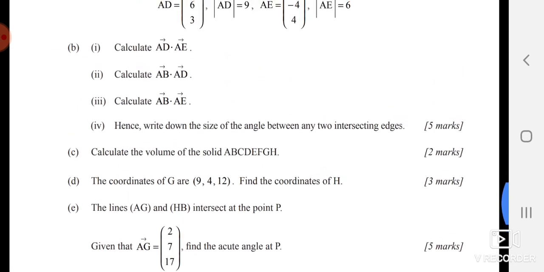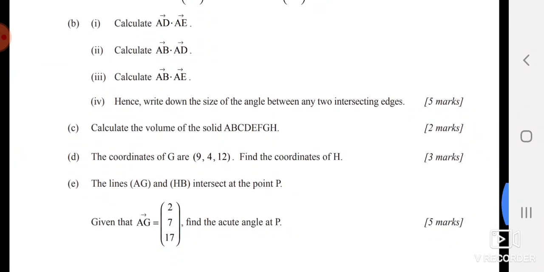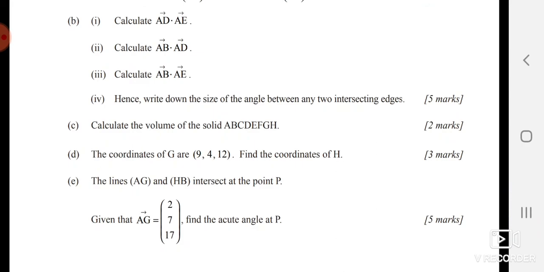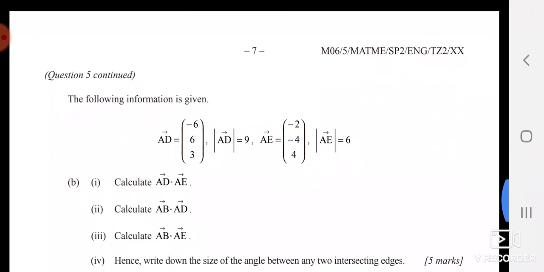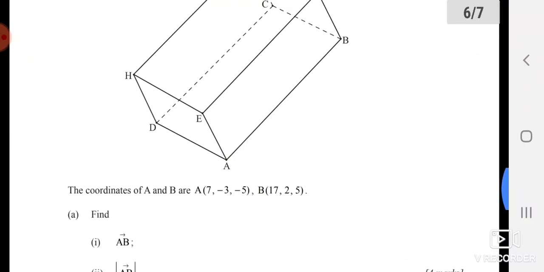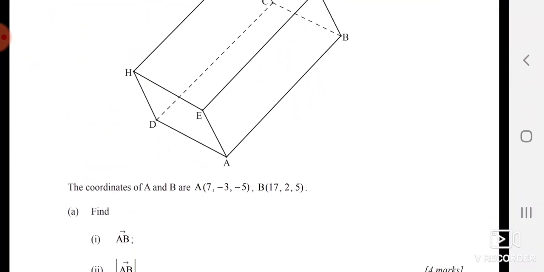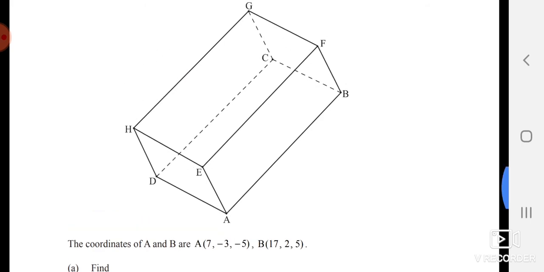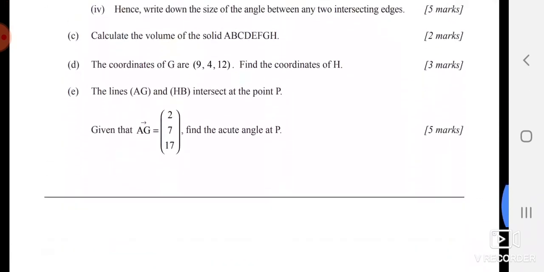And now in the same way, calculate the volume of solid ABCDEFGH. Take three: length, width, height. Actually, you need to calculate the magnitude of three lengths: the magnitude of AB, then the magnitude of AE, and then the magnitude of AD, and just multiply them. You will have the volume for it.